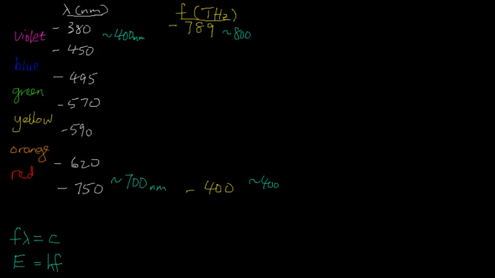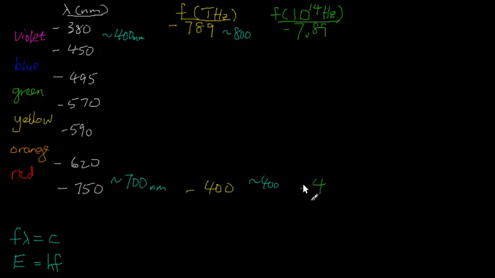Another way we can try and remember this is to write the frequency in units of 10 to the power of 14 hertz. So this would be 7.89 times 10 to the power of 14 hertz, and that would be just 4 times 10 to the power of 14 hertz.